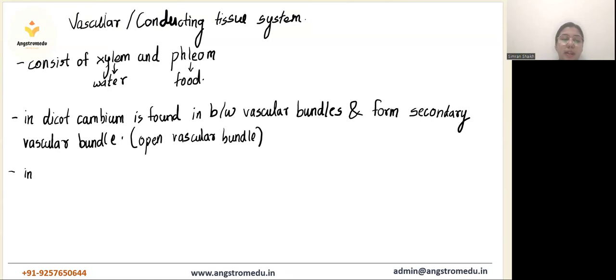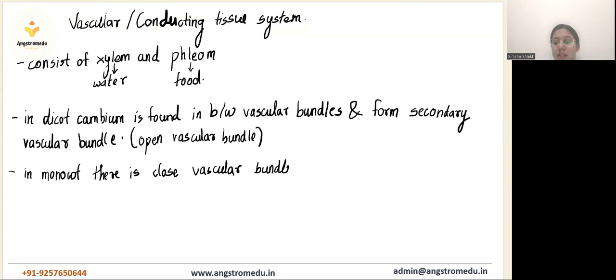So in monocots there is a closed vascular bundle system. In dicots it's open, and in monocots it's closed.